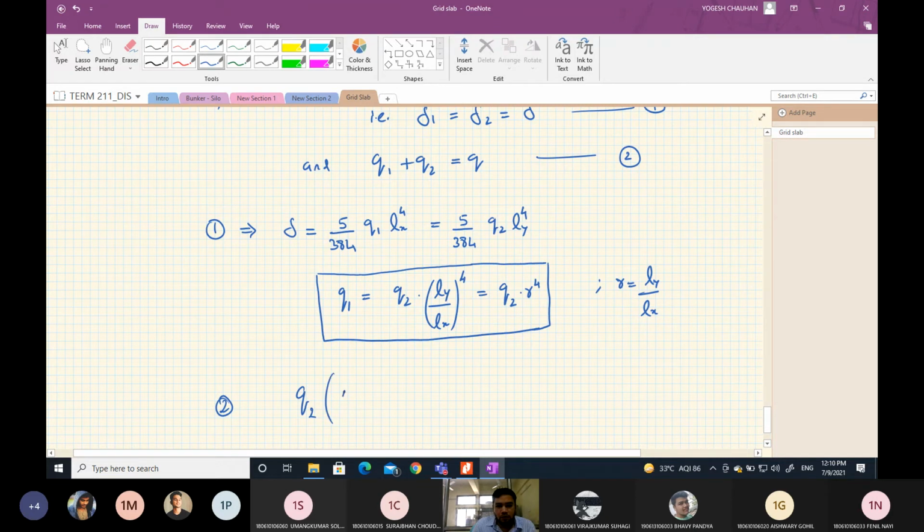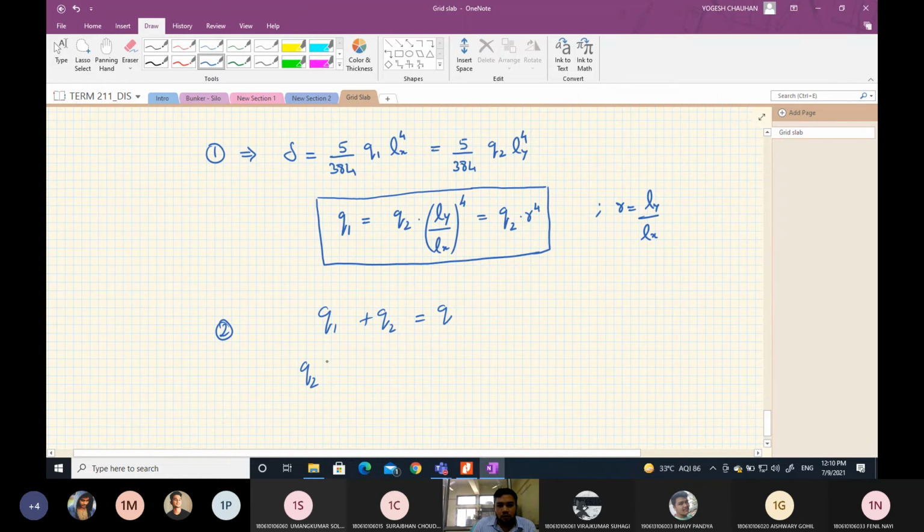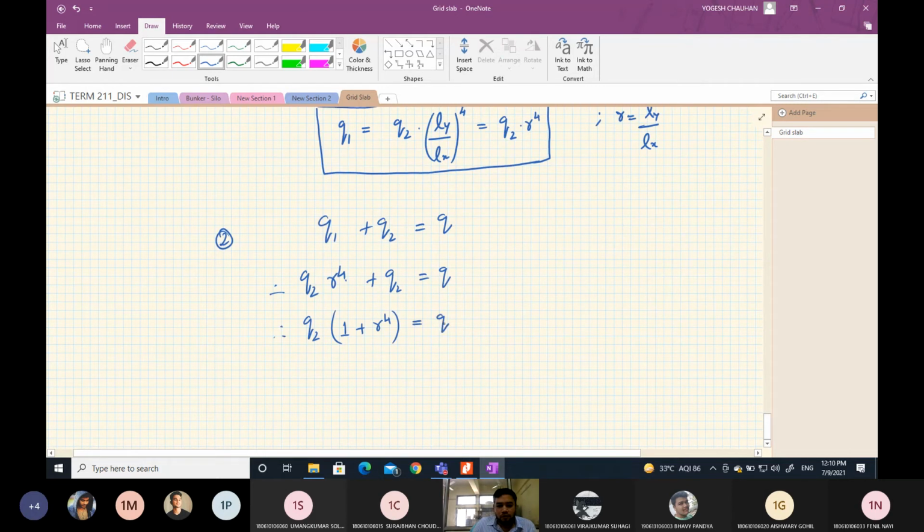So simply it is Q1 plus Q2 is equal to Q, and I substitute the value of Q1, which is Q2 times R raised to the power 4 plus Q2 equals to Q. So taking Q2 as common, it would be 1 plus R raised to the power 4 equals to Q. So therefore we can write Q2 will be equal to Q divided by 1 plus R raised to the power 4, where Q is the intensity of the load on the slab and R is the ratio of Ly by Lx.